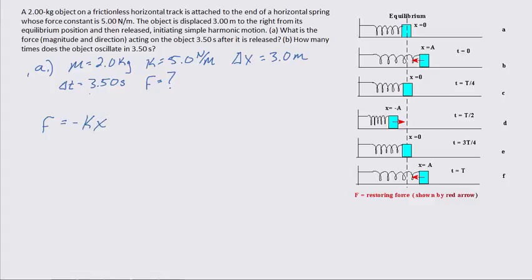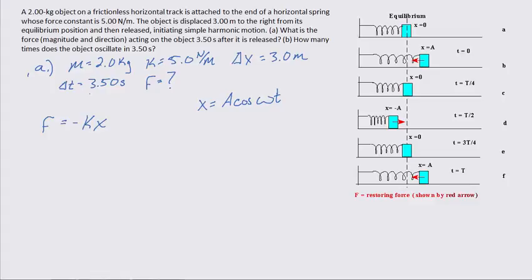So we know our spring constant, which is K, and we're given X, but we can't use our change in displacement since it's in simple harmonic motion. When we're trying to find the position in simple harmonic motion, we know that X is equal to our amplitude multiplied by cosine of our angular speed multiplied by time.